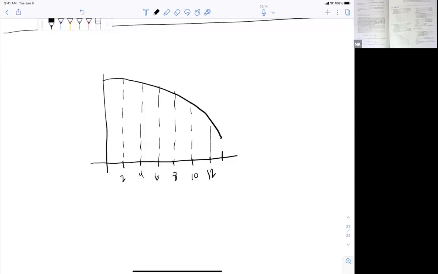And then, as I said, once again, if I do the left endpoint, this will be the left endpoint. And if I do the right endpoint, this will be the right endpoint. For the midpoint, you look at the value at 1, a value at 3, value at 5, 7, 9, 11. So those will be the values you would use.